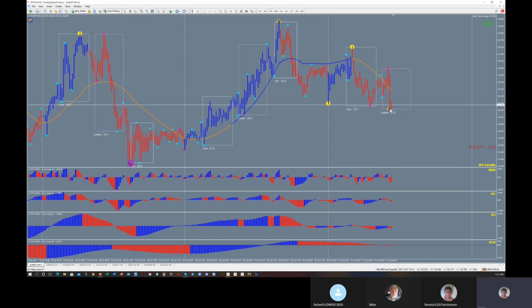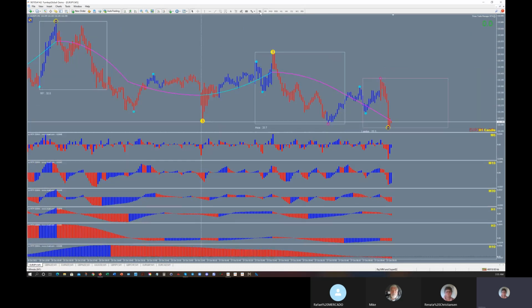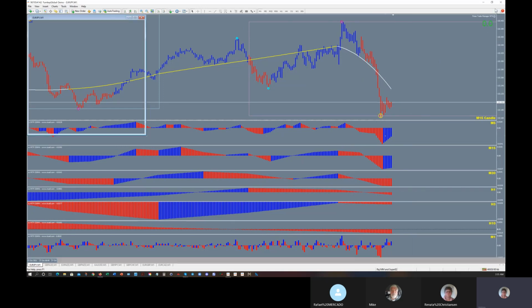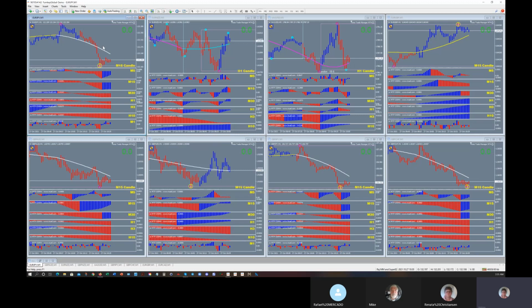Yeah, this may come down a little lower, setting up for a short. Didn't give a signal. I mean, a lot of them are like that. They're not giving good signals.